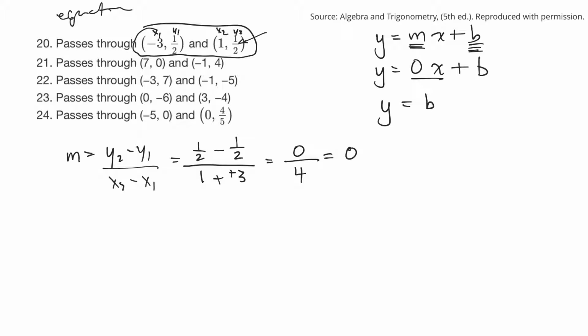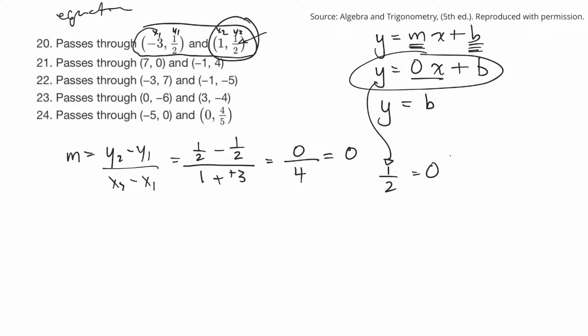But I can always go back to this equation here and plug in things that I know. It doesn't matter which point. Let's plug in this second point. So the y value for that second point is a half, equal to 0 times the x value of 1 plus b.